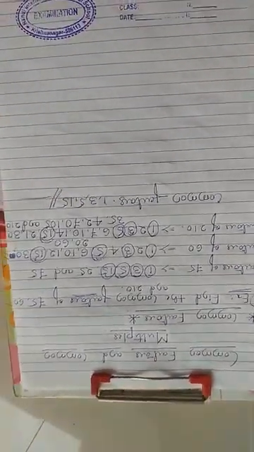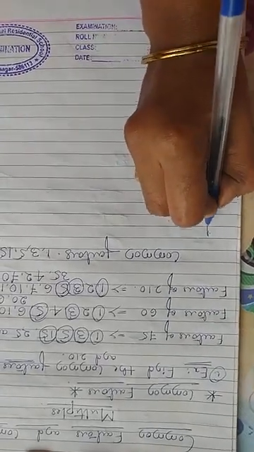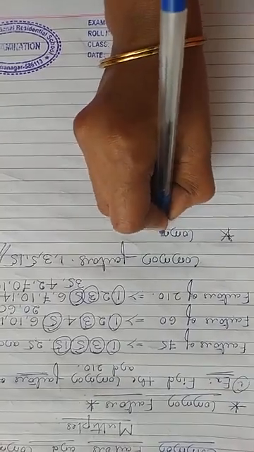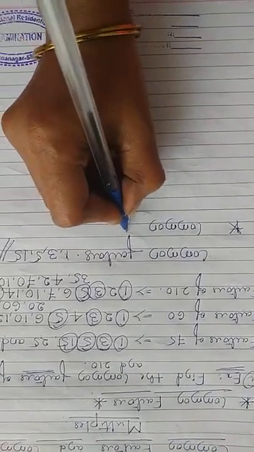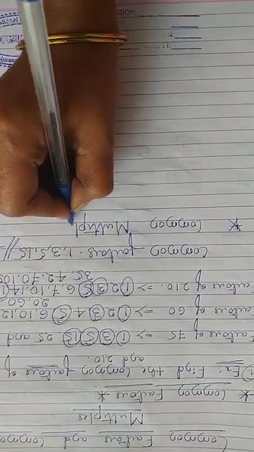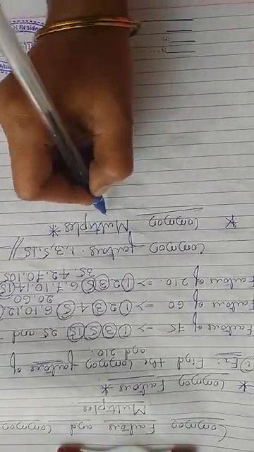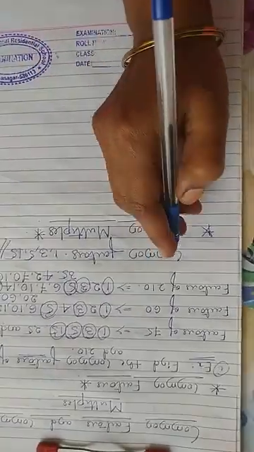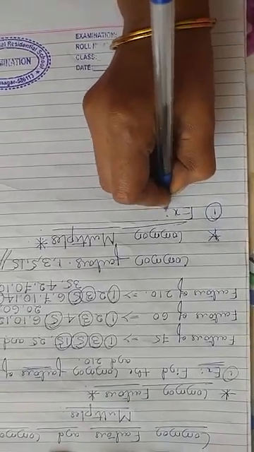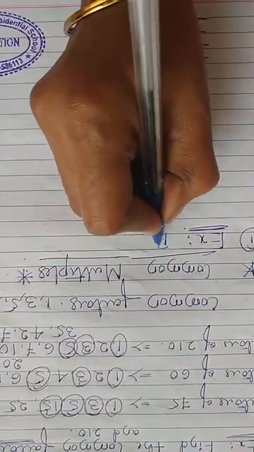Understand? Okay. Next I am going to explain common multiples. First, an example.